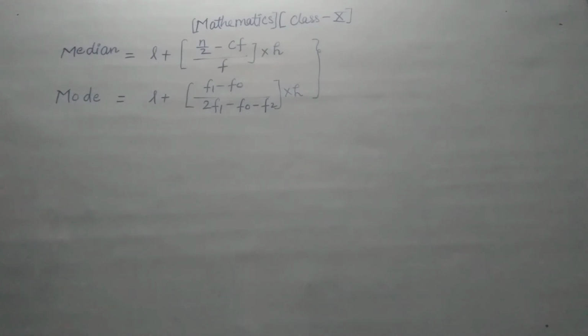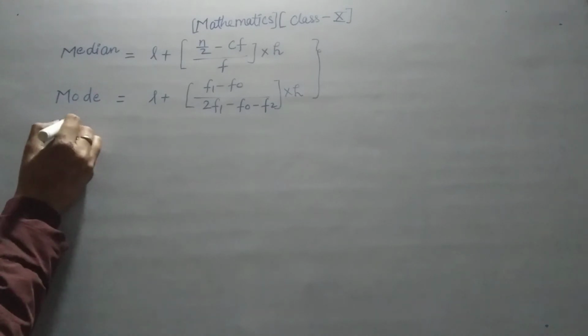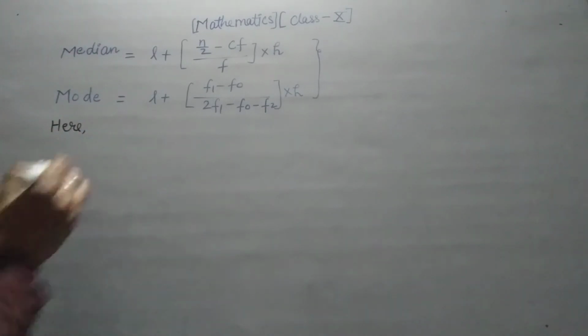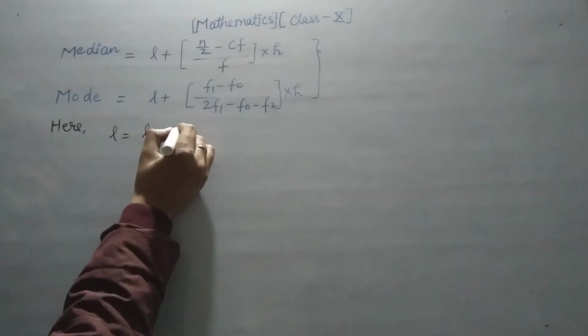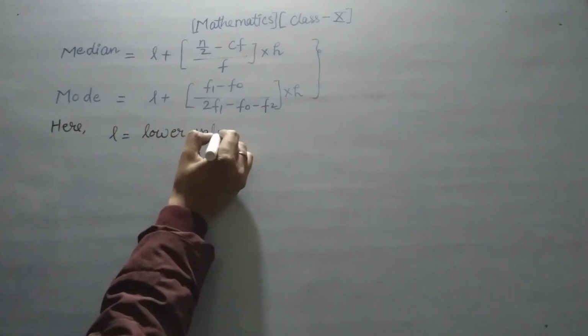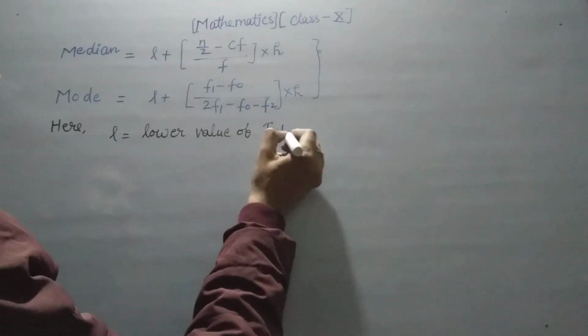In these formulas you have the values of L, n and f. What is the meaning of these? L is the lower value of the interval.